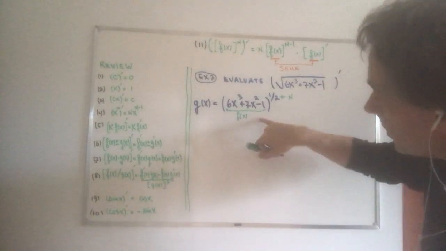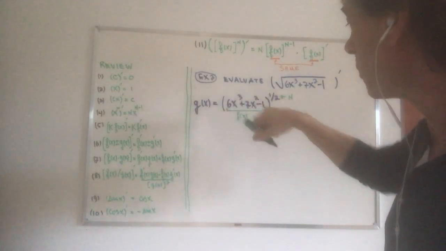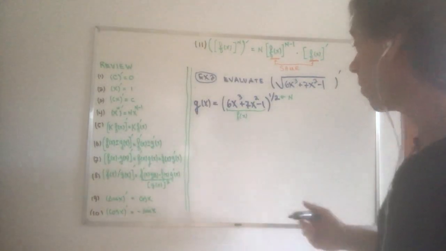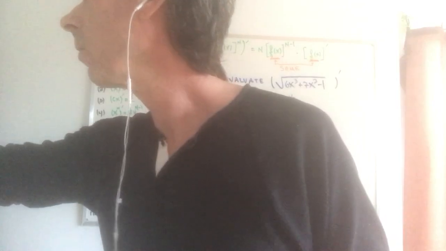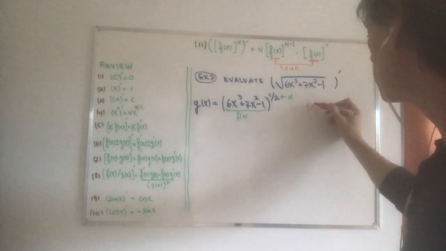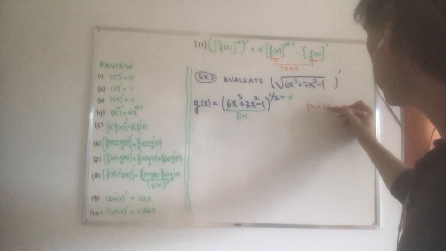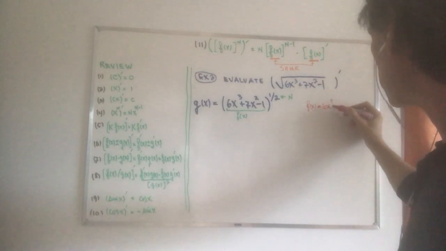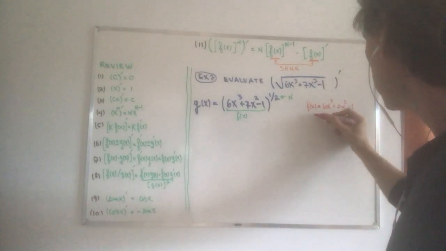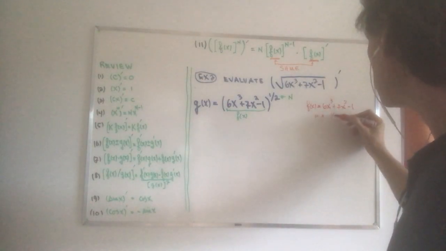So my f of x in this problem is 6x^3 plus 7x^2 minus 1, and my n is 1/2. I'm going to write this on the side just to make sure it's very clear for everybody. Here, f of x is 6x^3 plus 7x squared minus 1, and n is the fraction 1/2.